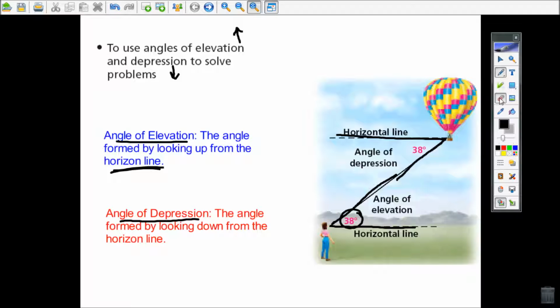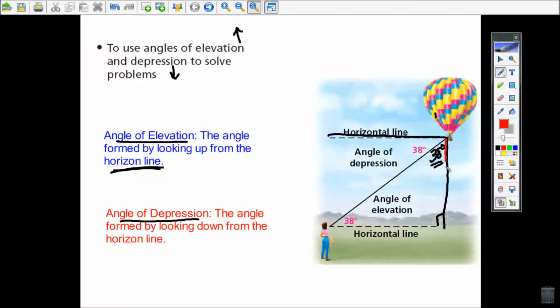The reason that I'm emphasizing that is if I gave you a story problem about a hot air balloon and you're looking down 38 degrees, how far up are you from the ground? Well, when we think of looking down, we tend to put 38 degrees here, but you can only have angle of depression or angle of elevation with a horizontal line.